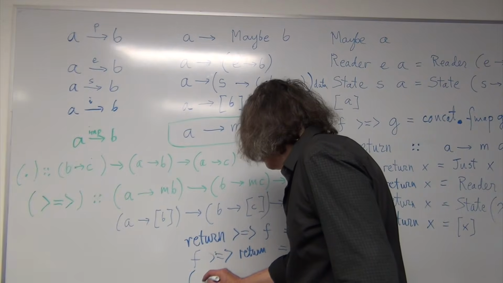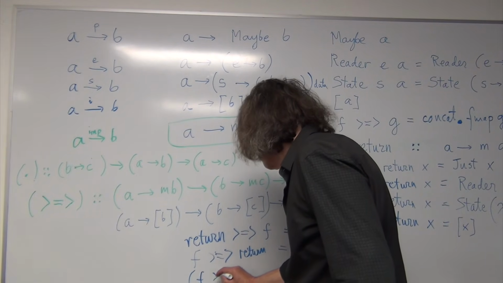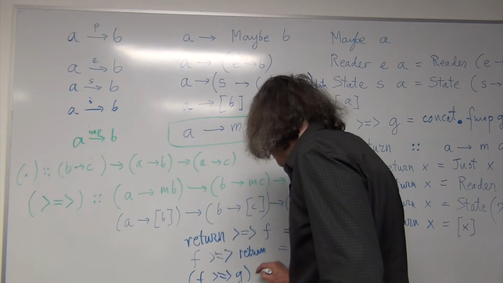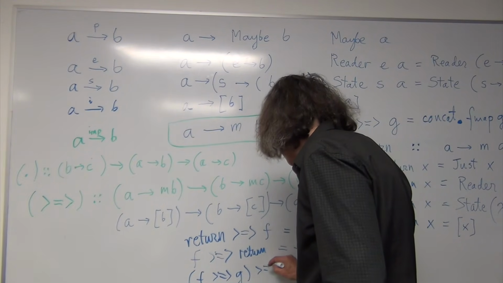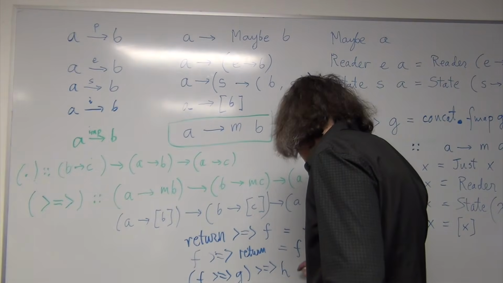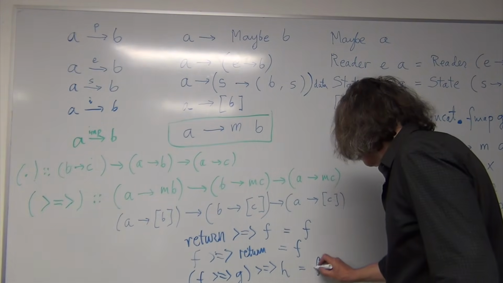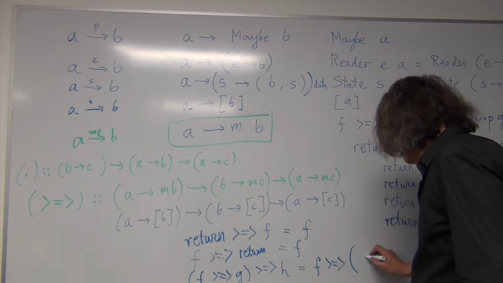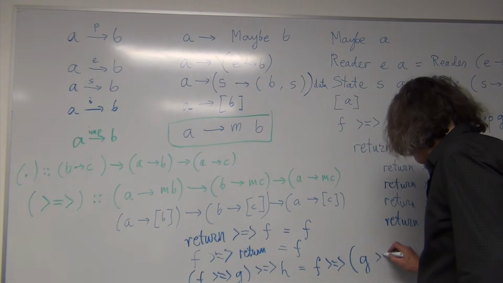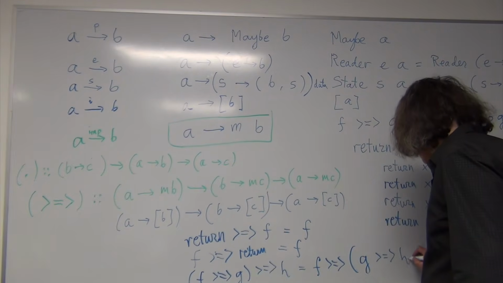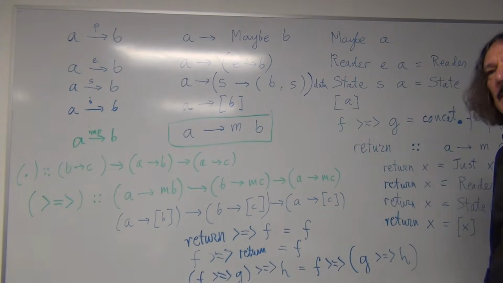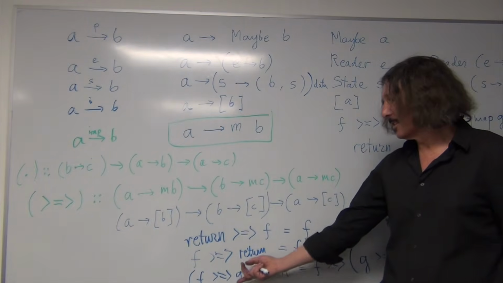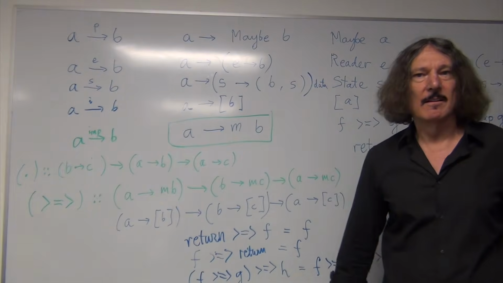So f fished with g and then fished with h is the same as f fished with g fished with h. Okay? So that's associativity, that you don't really need these parentheses. It says that whenever you put the parentheses, it doesn't matter.